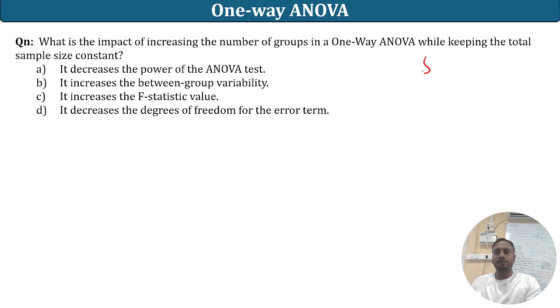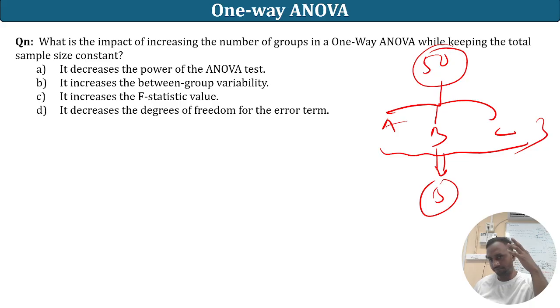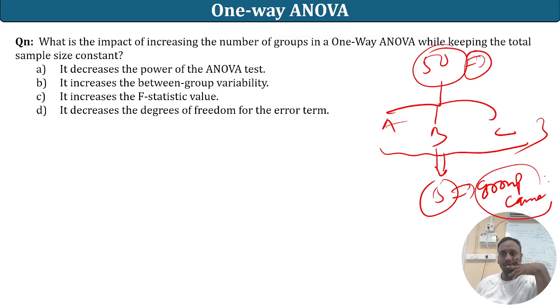Say 50 observations are there, initially A, B, C. Now they're saying it goes from 3 to 5 groups. This number is fixed and 5 groups came. So how can we explain this?